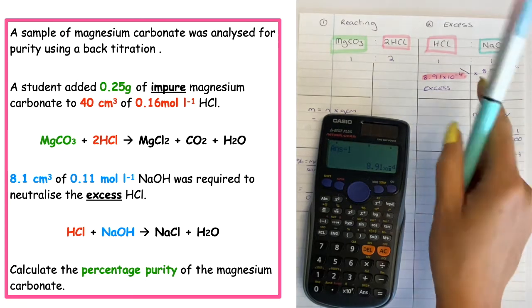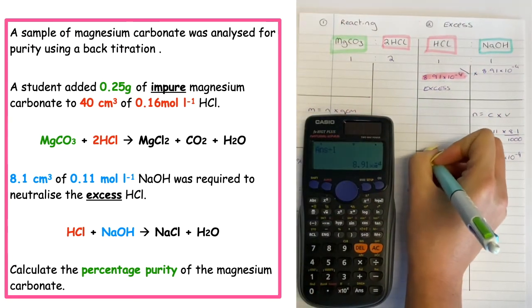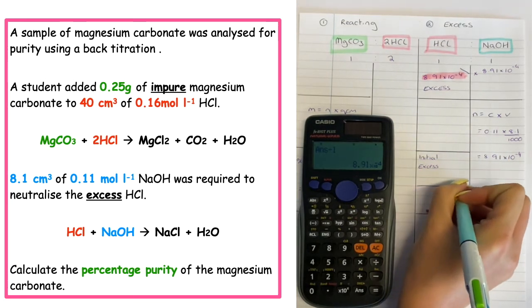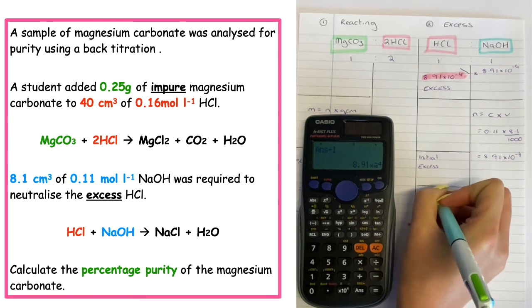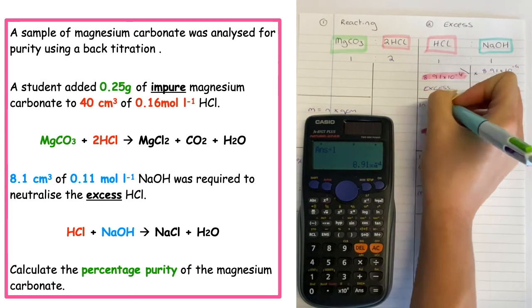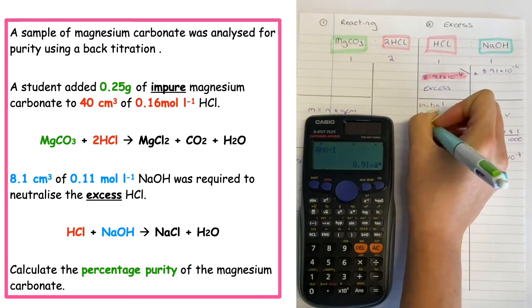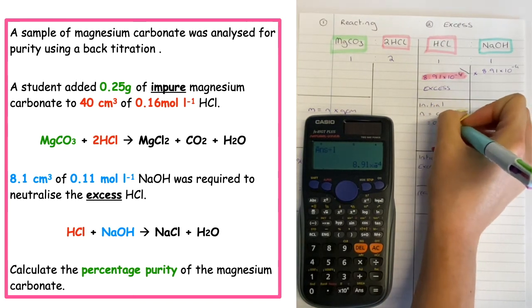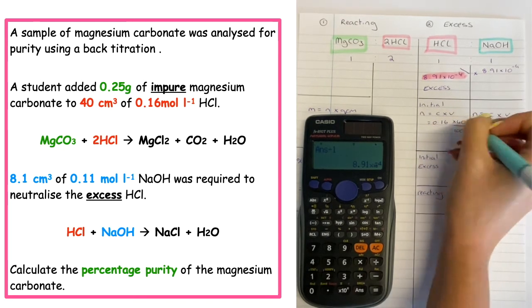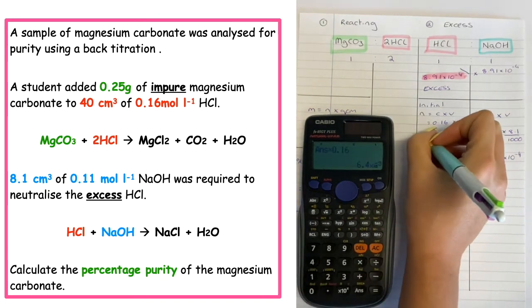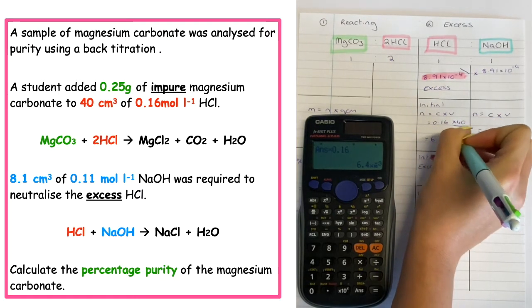Now, for us to work out how much reacted, we're going to have to work out initial, take away the excess, which will allow us to have our reacting, which we will be able to scale over here. So initial number of moles is equal to C times V. The concentration we were given in the question was 0.16 times by 40 divided by 1,000, and that's to put it into litres. So we do 40 divided by 1,000 times by 0.16, and that gives us 6.4 times 10 to the minus 3.